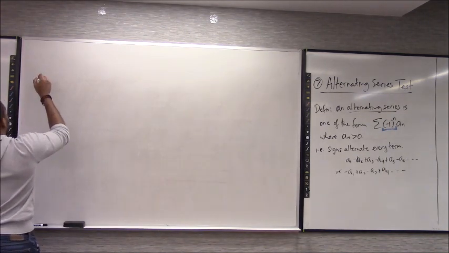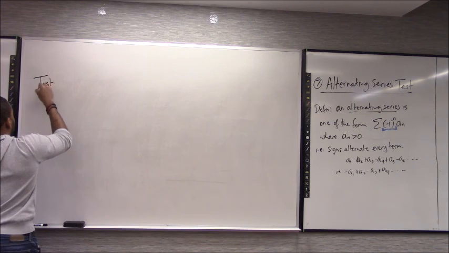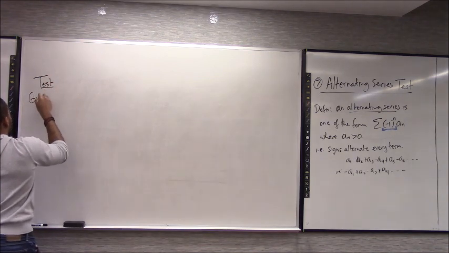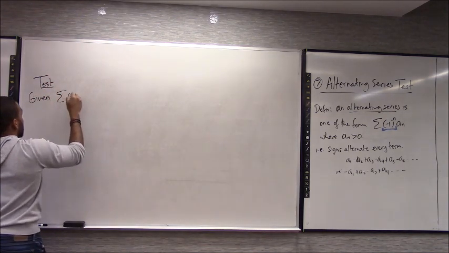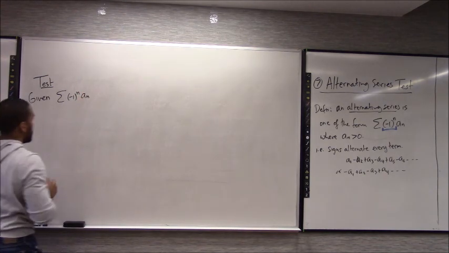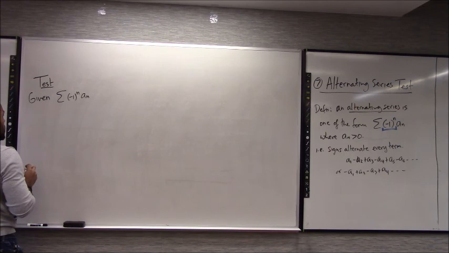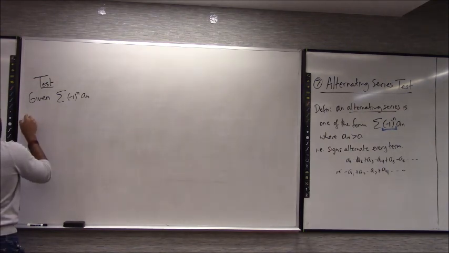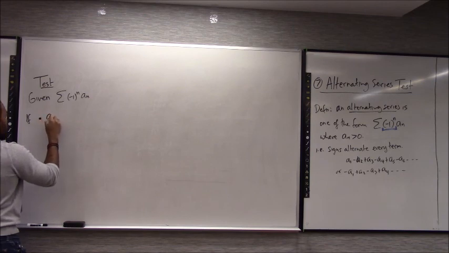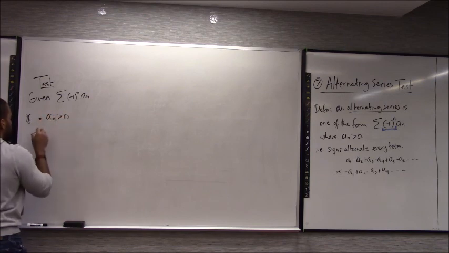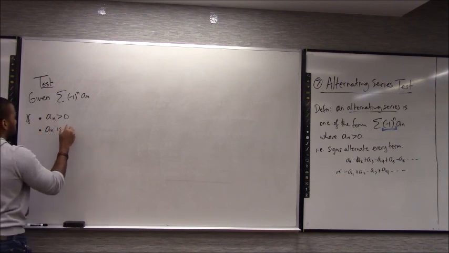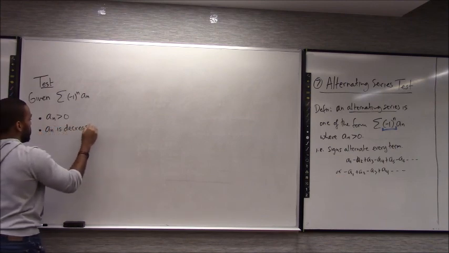So the test is the following. Given the series (-1)^n times a_n, you're going to check certain things. If a_n is positive, a_n is decreasing. And remember what that means.